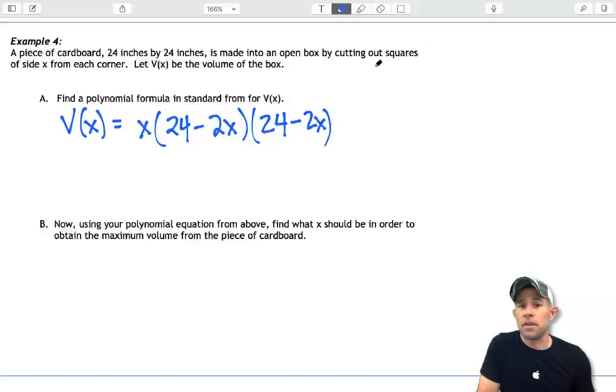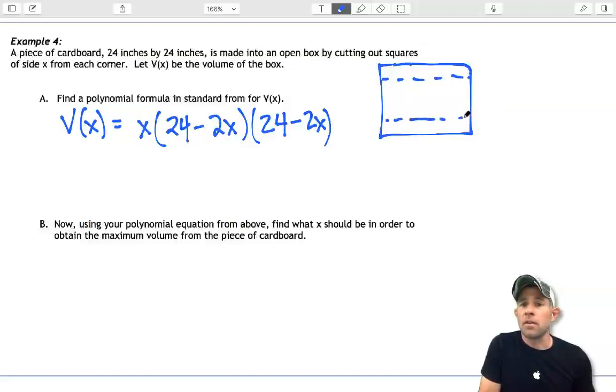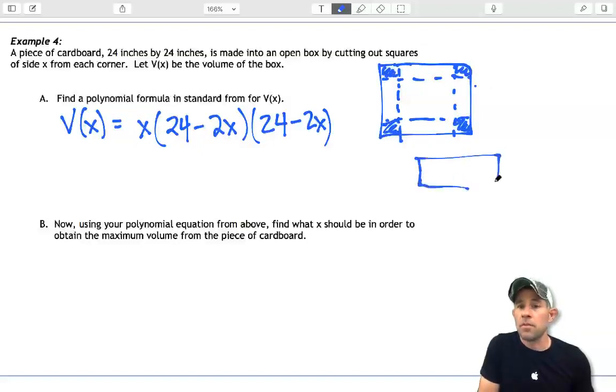So again, if you need a little visualization of what we just did, we took our square piece of paper and we cut out these little corners here, the sides. These were gone, bye-bye. And therefore, when we folded it all up, we got this nice little 3D box here.